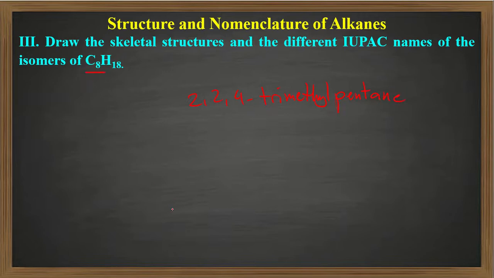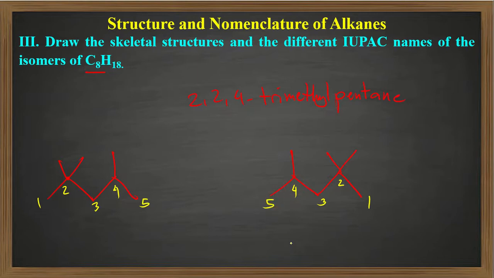C8. Okay? So pentane 2, 3, 4, 5. Methyl duha, another methyl here. So we have here carbon number 1, 2, 3, 4, 5.